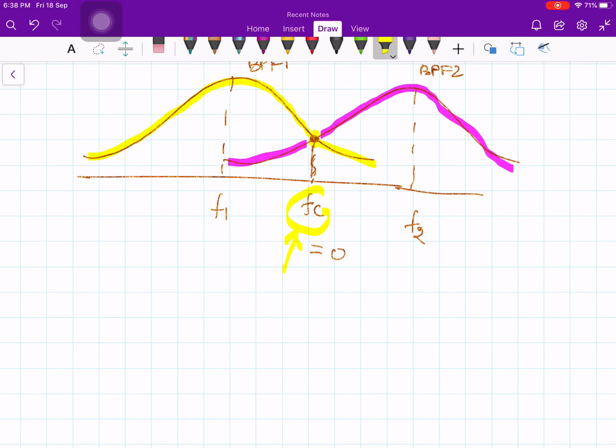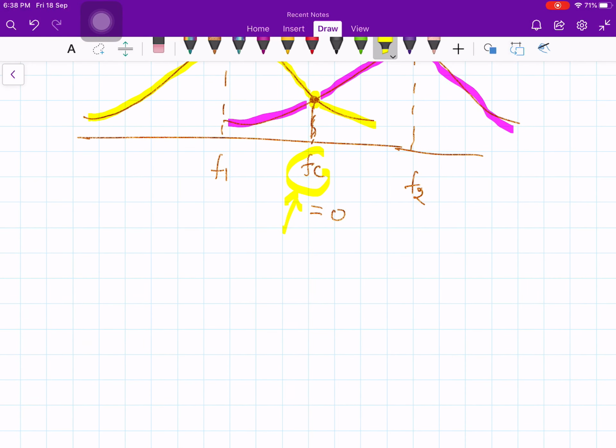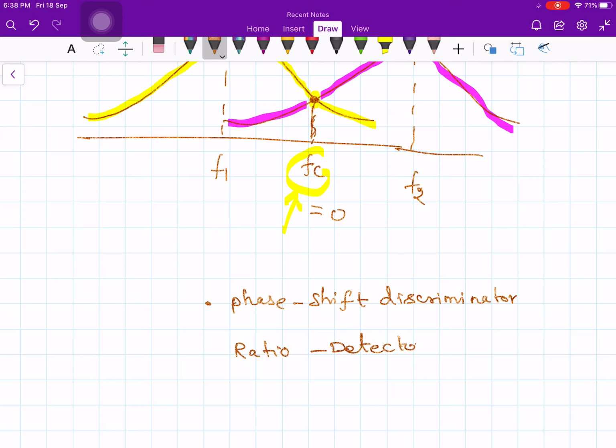So maybe I will list out some discriminators: something called the phase shift discriminator, like the balanced discriminator, then the ratio discriminator or ratio detector, and another one is the Foster-Seeley FM discriminator.